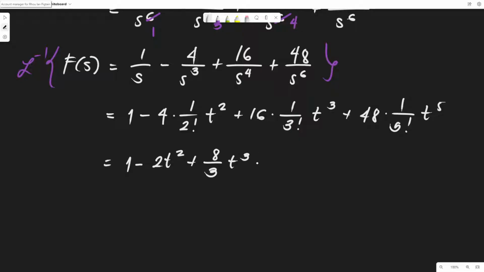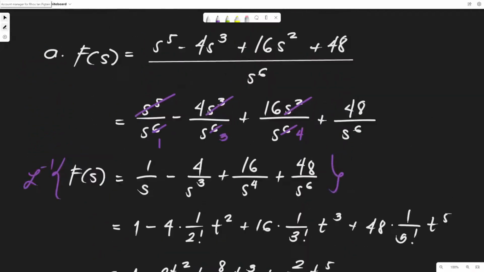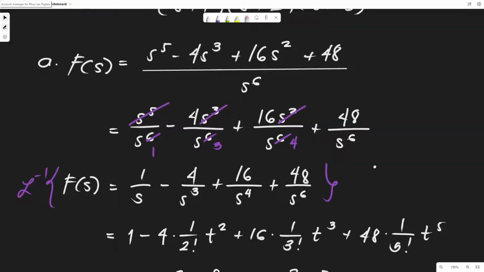Ayan. Then plus 48 over 5 factorial, that is 48 over 120. Tama ba? Then the simplified fraction is 2 over 5 t raised to 5. Ayan. So that's how we get the inverse Laplace transform.